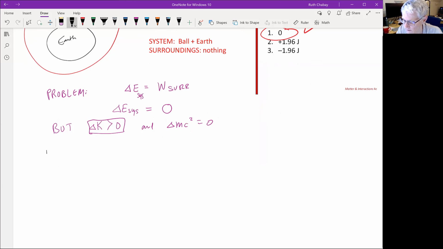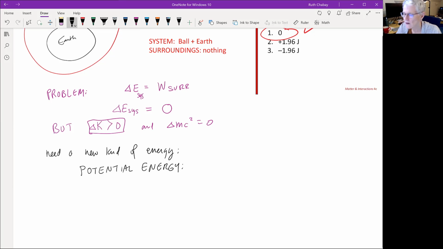And we're going to call it potential energy, not the greatest term, but that's what it is. And it's a property of pairs of interacting objects within a system. And the key, pairs, is really key.